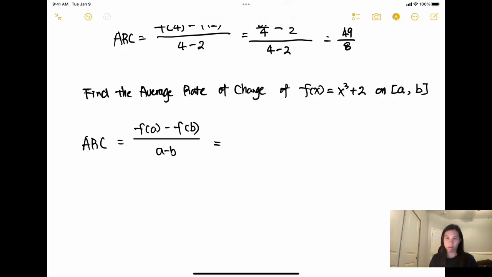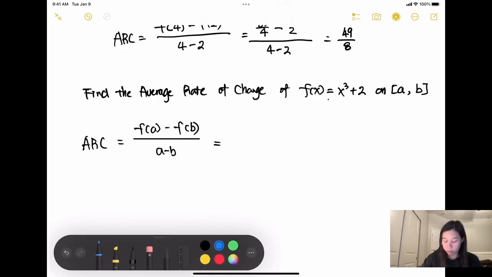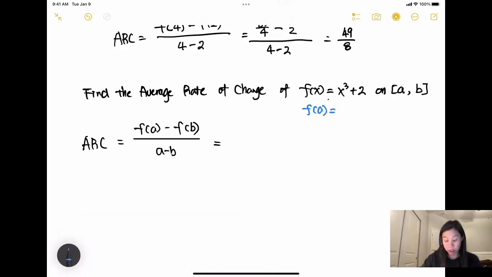What does f(a) equal? If f(x) equals x cubed plus 2, f(a) equals, you substitute x equals a into the function, you have a to the cube plus 2, right?